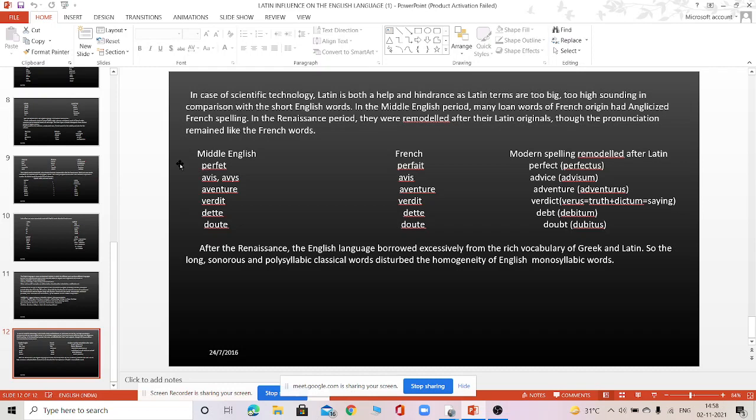So এখানে দেখো মিডল ইংলিশ, তার সঙ্গে ফ্রেঞ্চ, মাঝখানে রয়েছে মডার্ন স্পেলিং রিমডেলড আফটার ল্যাটিন। সো এখানে কি আছে, প্রথম ওয়ার্ডটা যেটা মিডল ইংলিশে ছিল পারফেক্ট, PERFET, এটা ফ্রেঞ্চে ওখানে হয় পারফেক্ট। সো অ্যাকচুয়ালি দিস ইজ মডার্ন স্পেলিং। আমরা কি, এটা ল্যাটিন থেকে ইনফ্লুয়েন্সের ফলে পারফেক্টুস যে ওয়ার্ডটা, it means perfect in Latin.